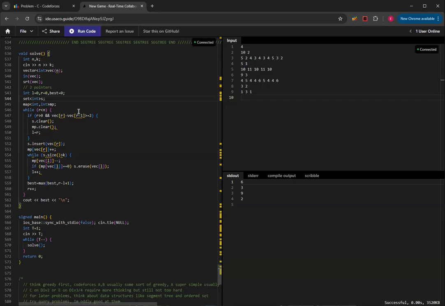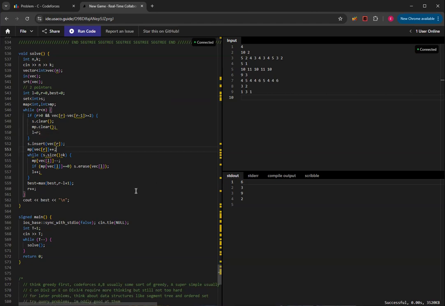So the first thing you do is check the current one that you're trying to add: if its difference from the previous one is greater than or equal to 2, then you need to start a new group. So you clear the set, clear the map, and set the left boundary equal to R. Then you insert the current one into the set and the map.